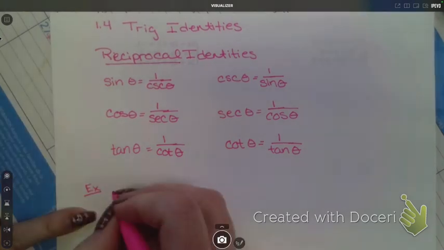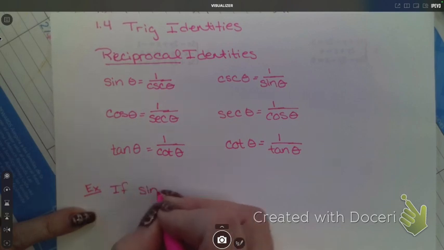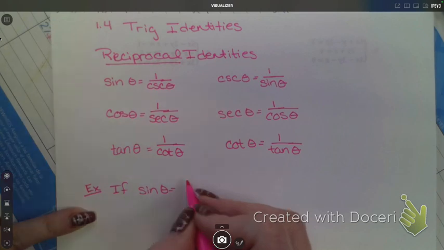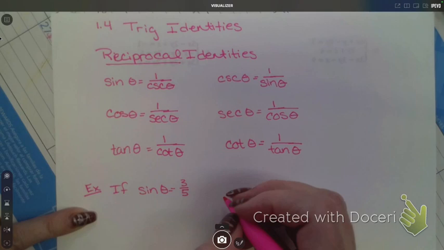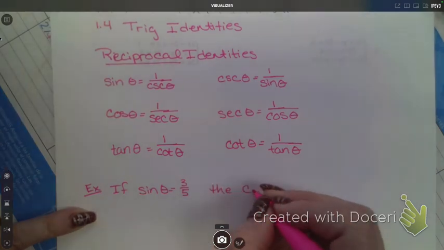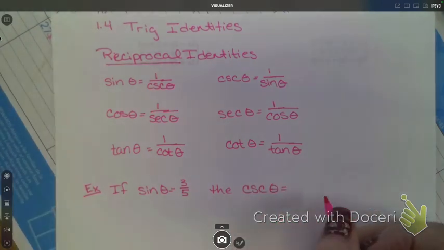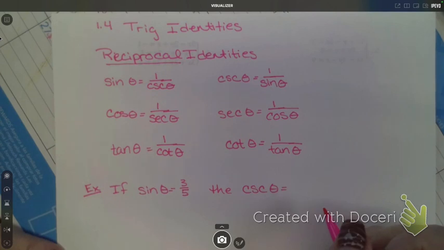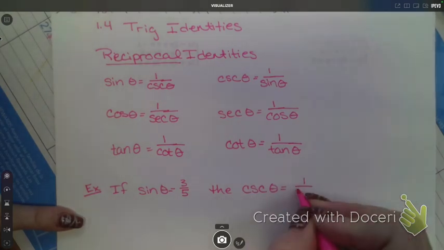So, if sine of theta equals 3/5, then cosecant of theta equals what? 5 over 3, because cosecant of theta equals 1 over sine, correct?